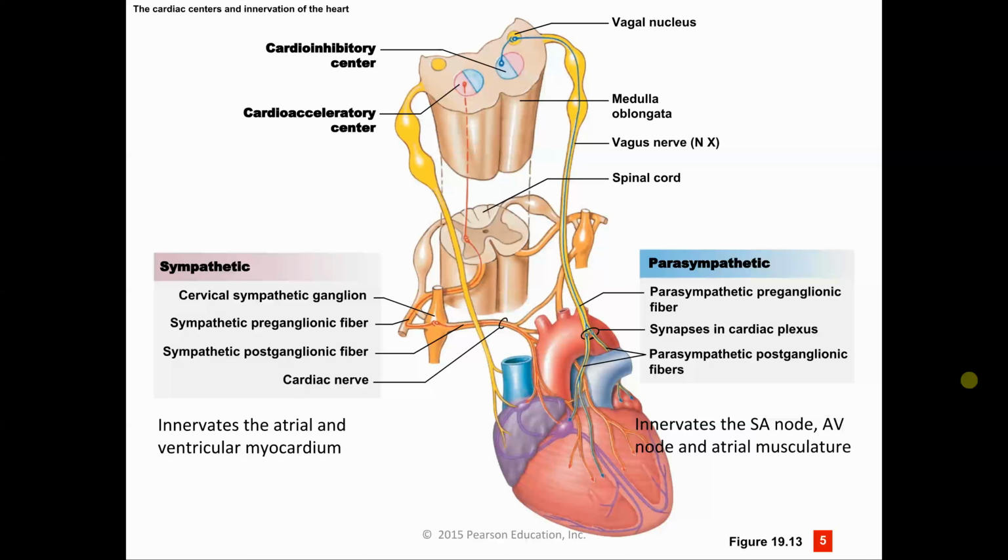Makes sense. Want to speed up our heart rate. Inhibitory center would be the parasympathetic response. And then there's branches and ganglion and things. The most important part is the cardiac nerve is going to innervate atrial and ventricular myocardium as a part of the sympathetic response.